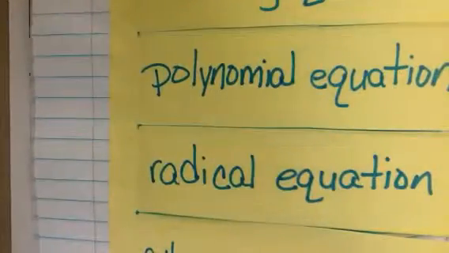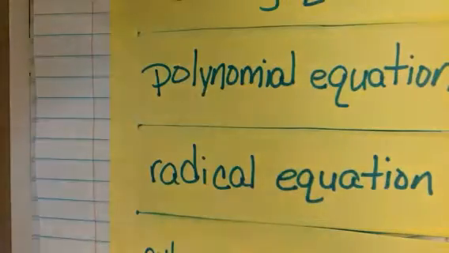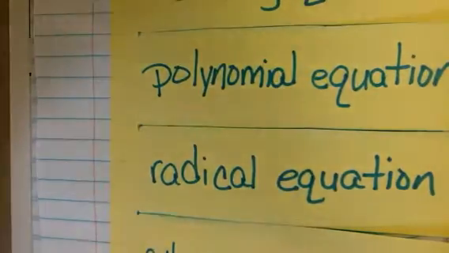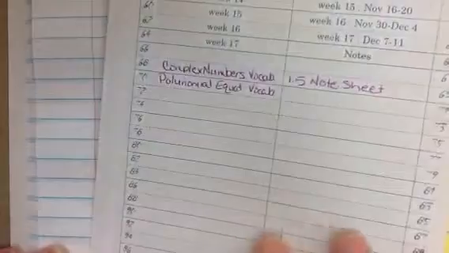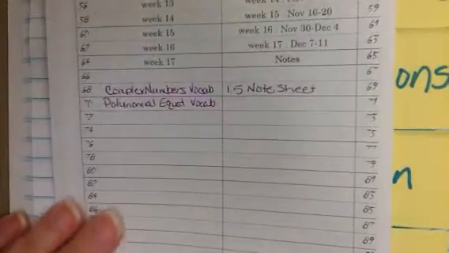Also, this is a good place to point out to you that you have in your notebook your table of contents page where you should have it glued down, and in here you need to start writing in what is there.